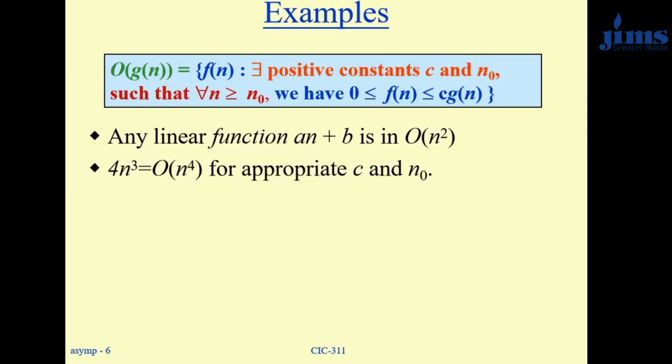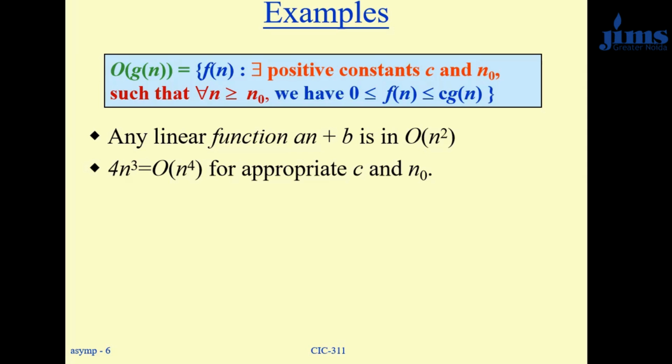But when n equals 4, the values of both functions, n to the power 4 and 4n cube, will be equal. After the value of n exceeds 4, the value of 1 into n to the power 4 will always be greater than 4n cube. So taking c equal to 1 and n naught equal to 4, the scenario that 4n cube equals big O of n to the power 4 is getting satisfied.